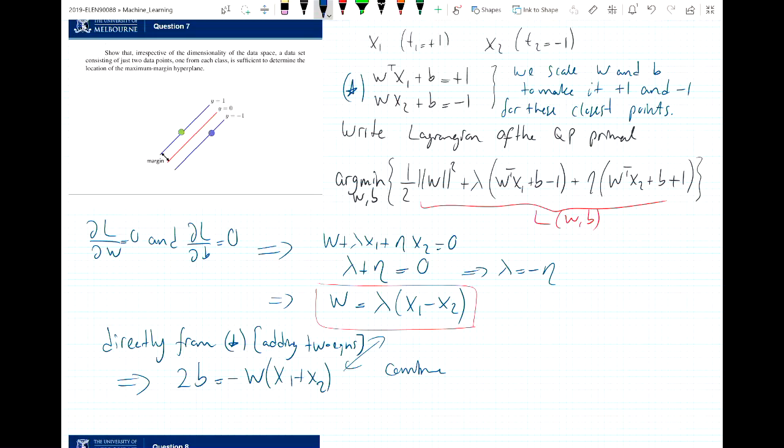Once you combine them and play a little bit with this, you get b equals minus lambda over 2 x1 transpose x minus x transpose 2 x2.